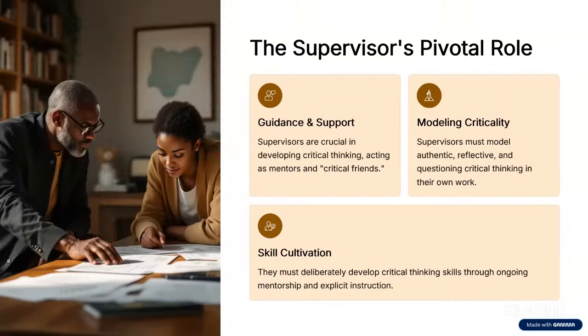And that's why you see some supervisors acting as mentors, and some acting not just as mentors but as critical friends. Some may not even appear to you as a friend.